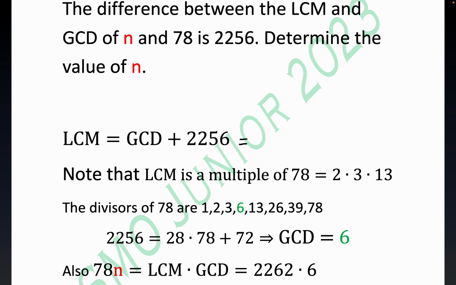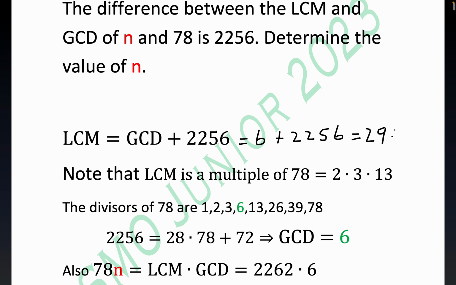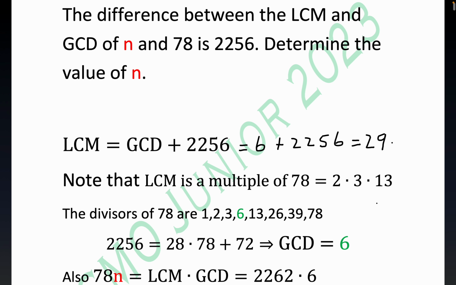This would be 6 plus 2256. And you see this division statement makes life pretty easy for us because bumping it up by 6 means this would be equal to 29. You don't have to explicitly know 29, but you just have to know that this would be a multiple. So we have 29 times 78 right here.